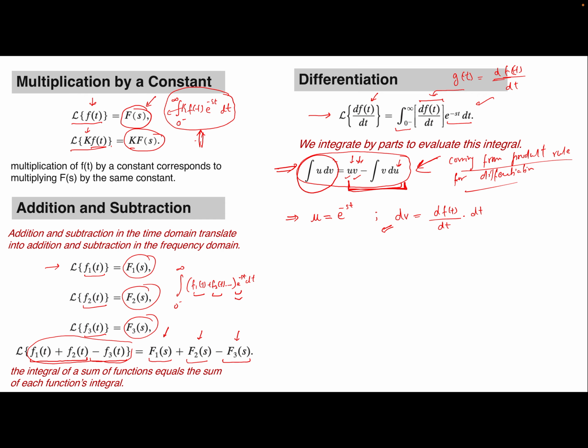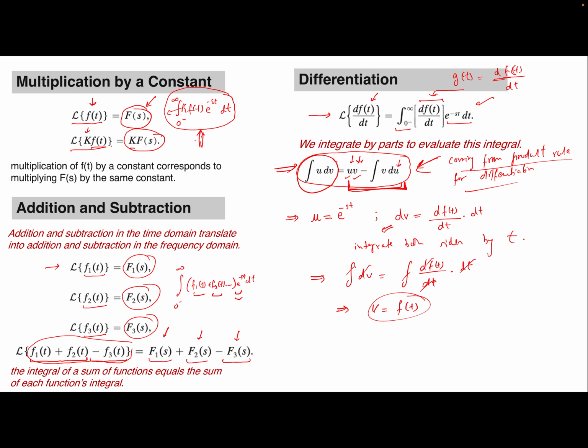I can find v by integrating both sides with respect to t. The integral of dv equals the integral of the derivative of the function with respect to t, dt. You can practically cancel this out, and you are left with v equals f of t. Very simple.